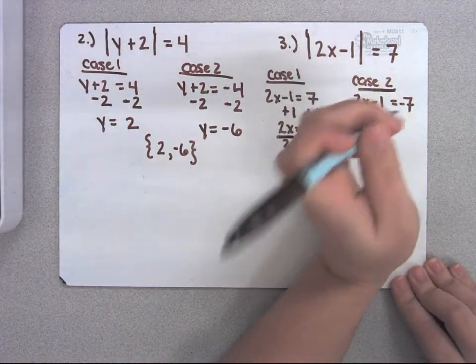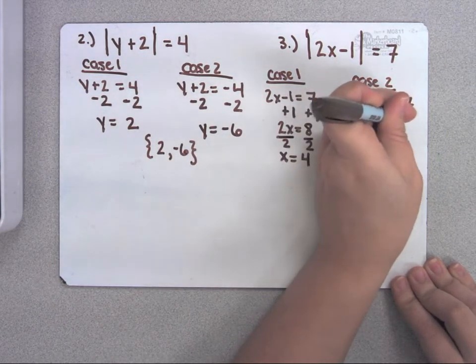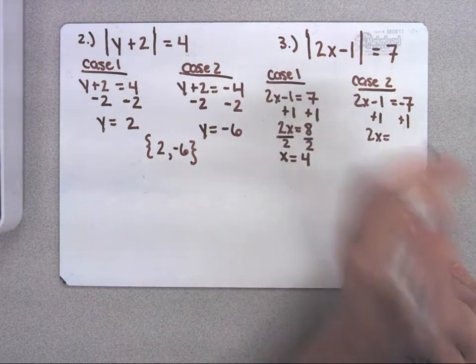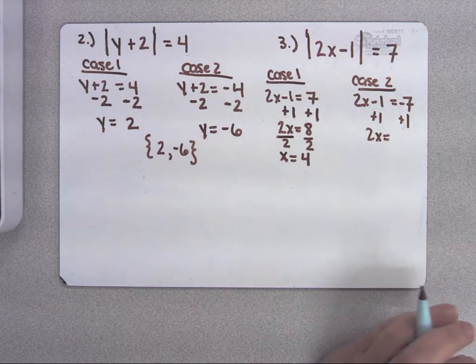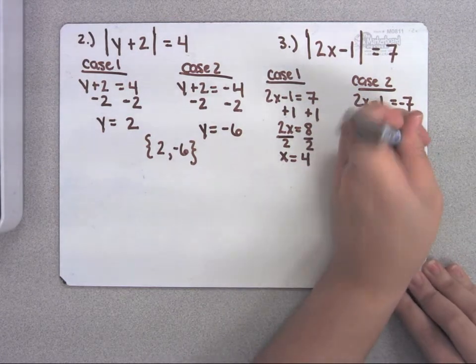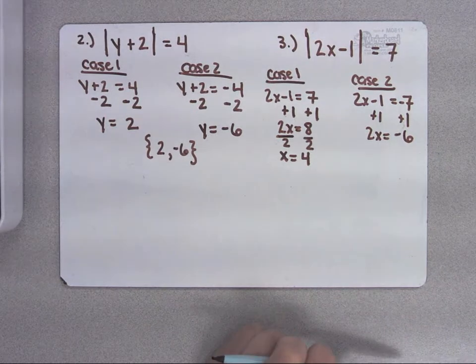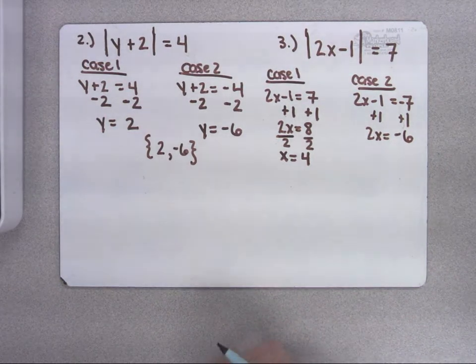Tell me what to do. Okay, what do I get? Negative 7 plus 1. It is negative 6. Gotta pay attention to our negatives. That's where it'll get tricky.